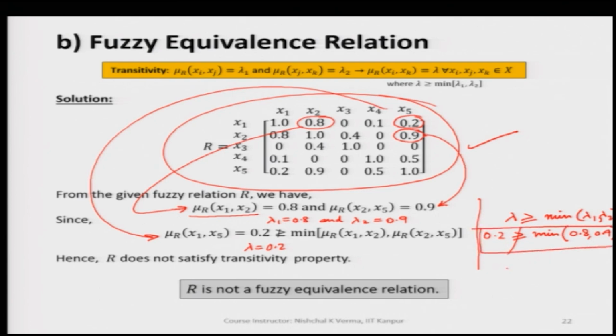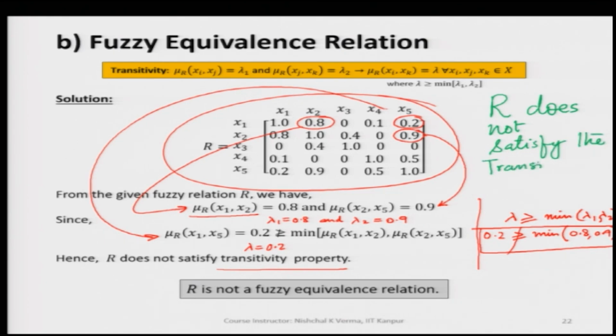So, when this is not true, we can stop here and say that the transitivity property is not satisfied for this fuzzy relation set that is given to us, that is R. I can write here that R does not satisfy the transitivity property.